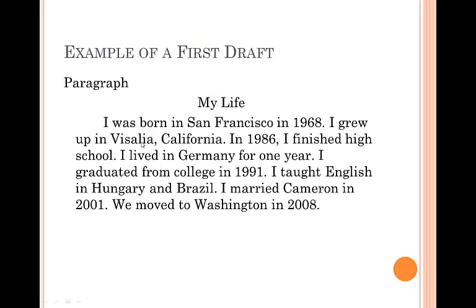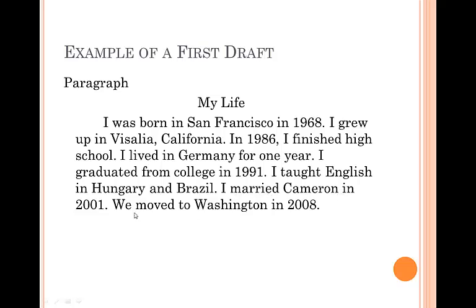I continue. I grew up in Visalia, California, period, capital I. In 1986, I finished high school, period, capital I. I lived in Germany for 1 year, period, capital I. I graduated from college in 1991. I taught English in Hungary and Brazil.